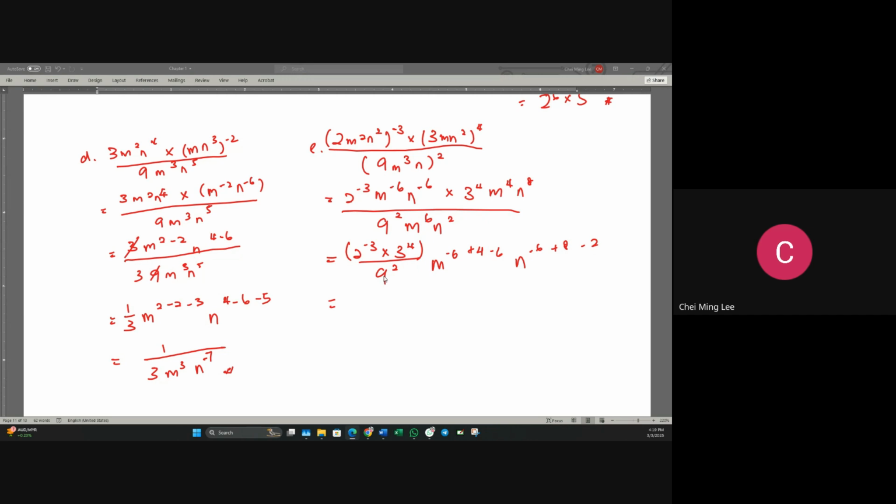So this one we can change into 3 to the power of 2, then squared. So 3 to the power of 2 squared is actually 3 to the power of 4. This one and this one can cancel out. So this one leaves 2 to the power of -3, which is 1 over 2 to the power of 3. This one will be, m is -6 plus 4 minus 6. Okay, minus 12 plus 4, which is -8.